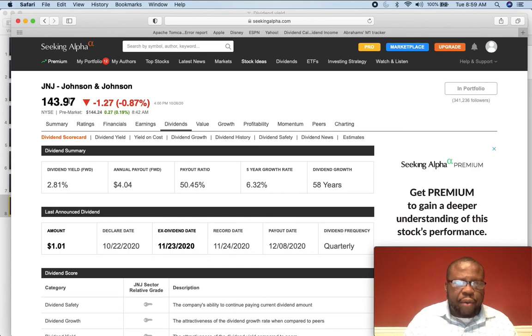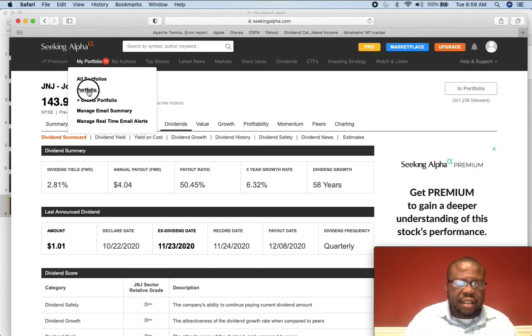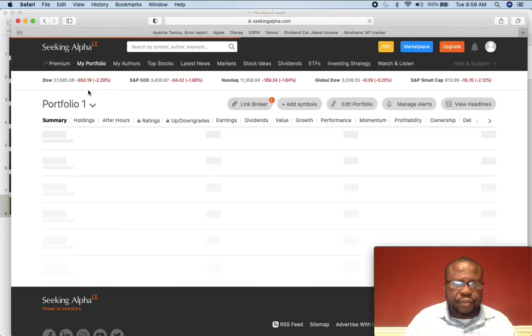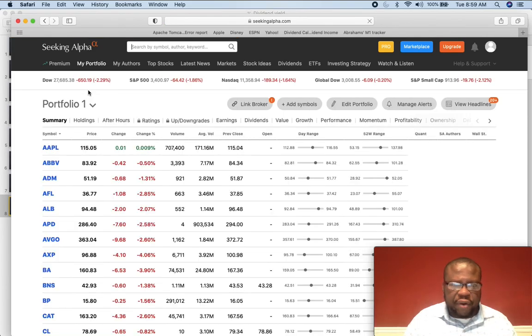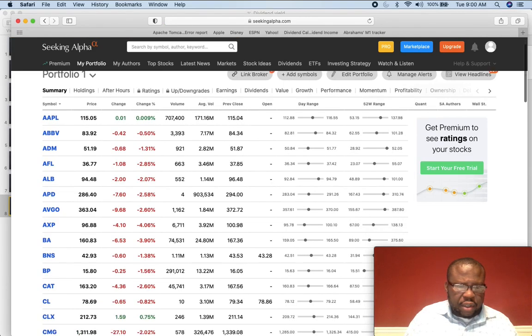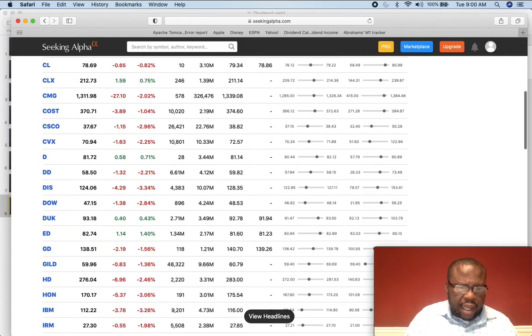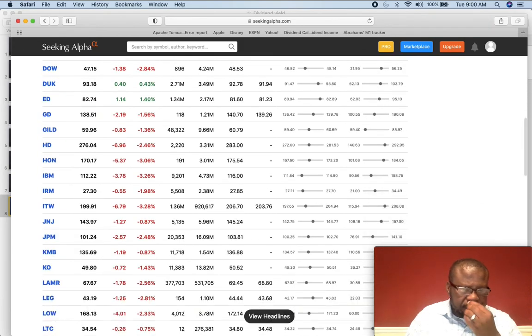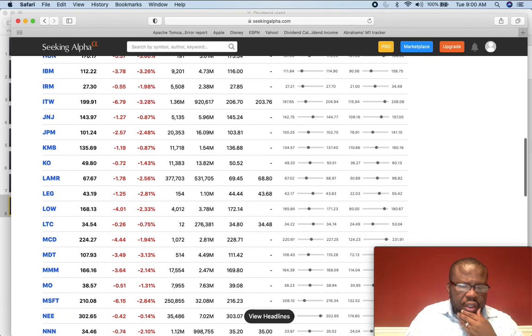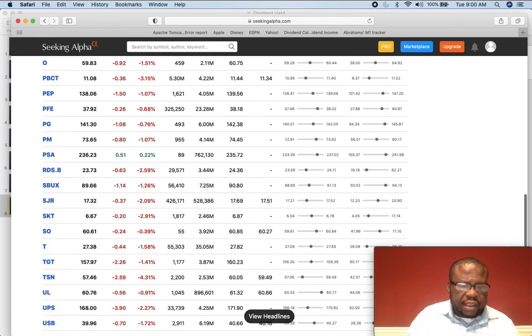Now let's look at a really high yielder. Let's look at something that's a very high yielder. Let's look at AT&T. AT&T is a very high yielder.